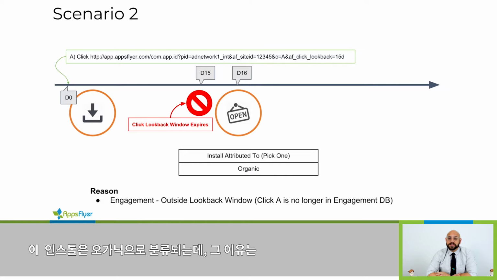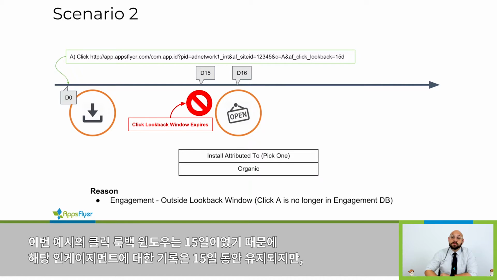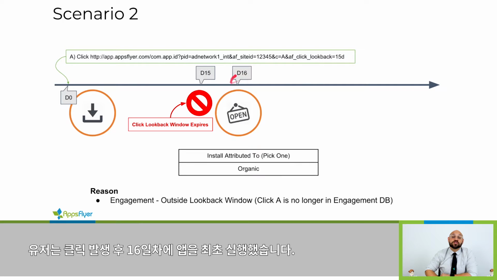The reason for this is that that engagement is no longer in the engagement database because the engagement has expired. Remember, the click lookback window was 15 days, so its time to live was only 15 days. But the user actually opened the app for the first time 16 days after the engagement.